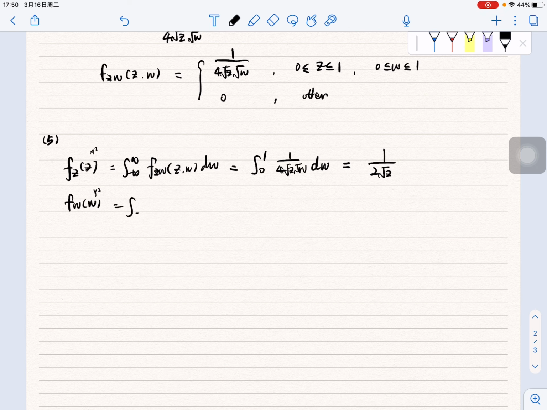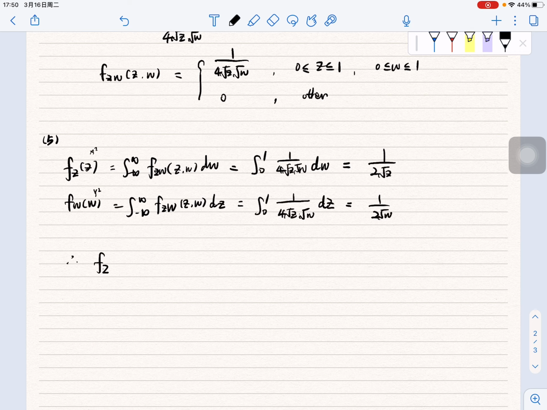And the second equation is the integration from minus infinity to infinity of fzw dz. And here we can get integration from 0 to 1 of 4 multiply root z root w dz. And the answer is 1 divide 2 multiply root w.